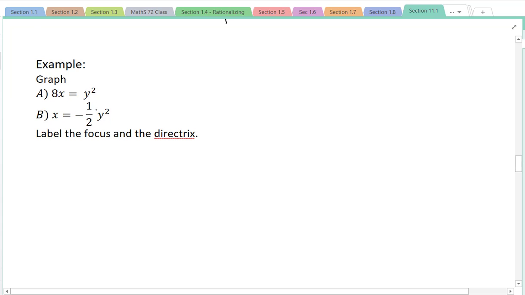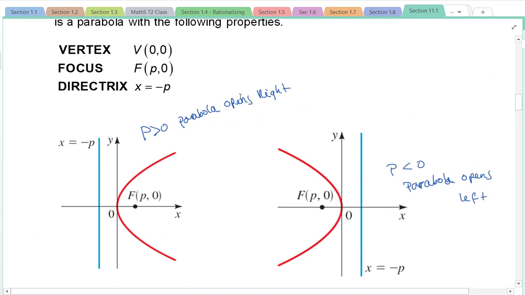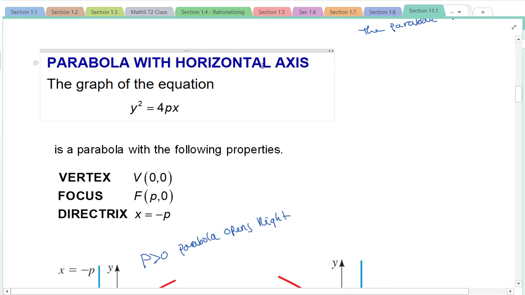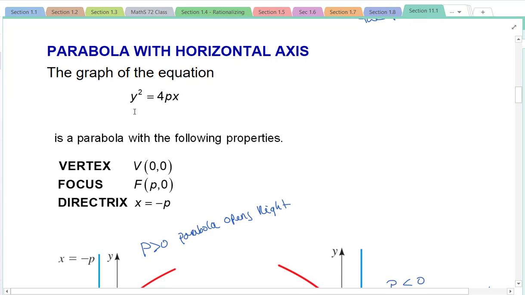They're both y squared, so these are going to be horizontal axes. So they're going to open sideways. So let me just scroll back up to say, horizontal axis looks like y squared equals 4px. And the vertex is 0, 0 because there are no shifts here.